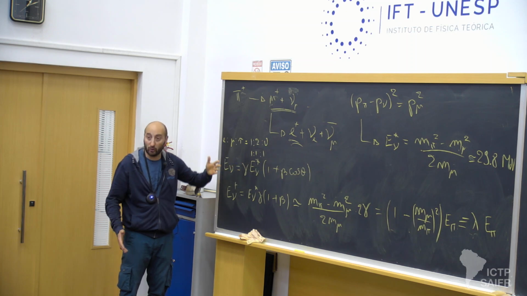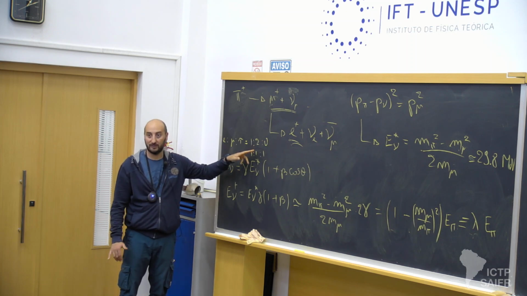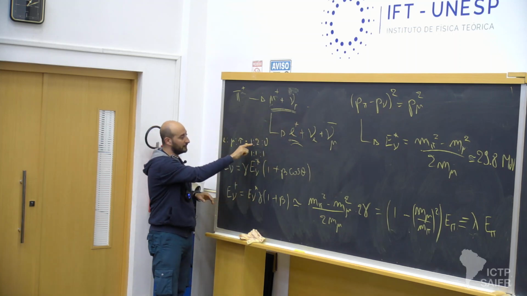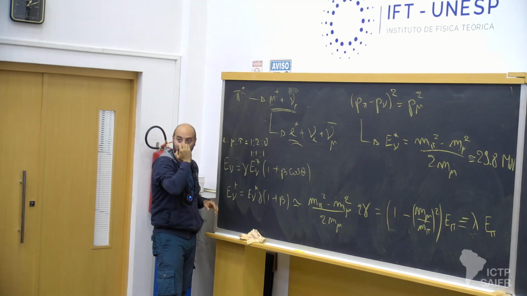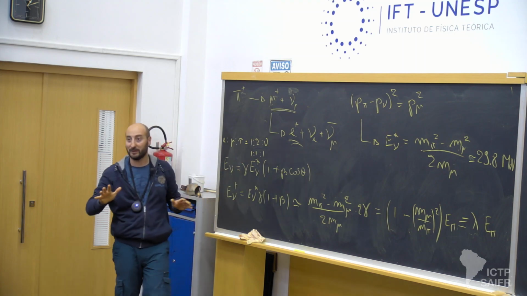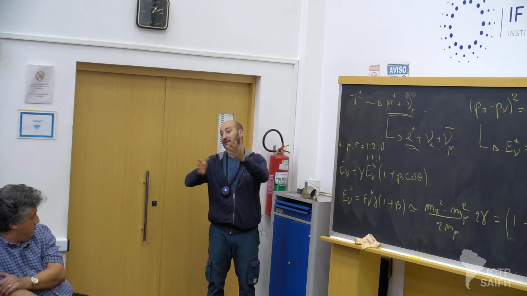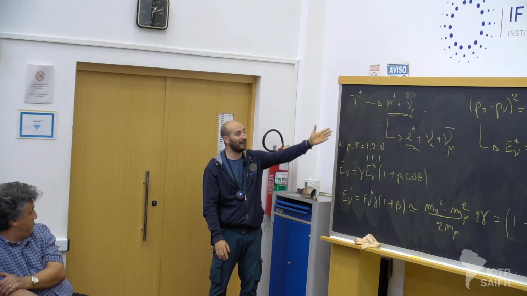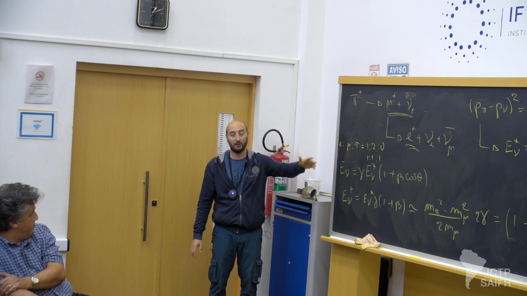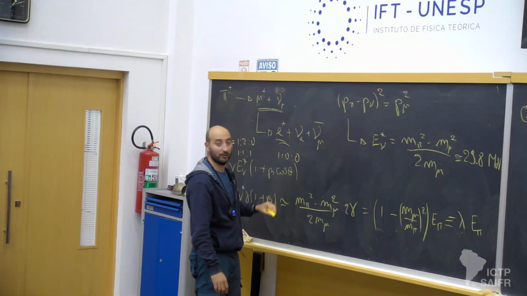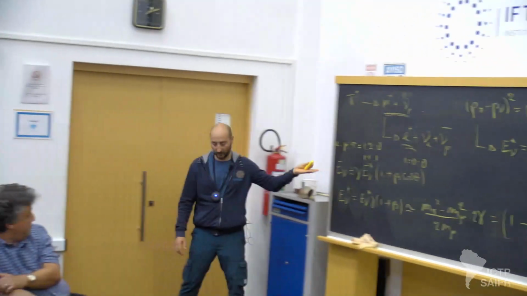So, of course, if you have a different source, only this first step, for instance, the initial ratio would be 0, 1, 0. And what you observe at the Earth would not be anymore 1 to 1 to 1, would not be equipartition. Or, in principle, you have another source of neutrinos at ultra energy, which has a different ratio, which is 1, 0, 0, which is actually the neutron decay.